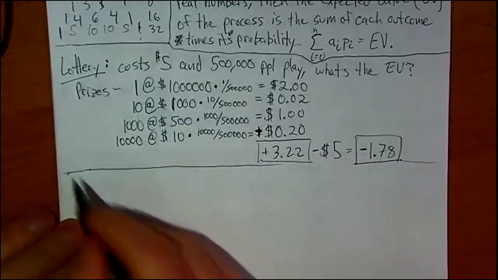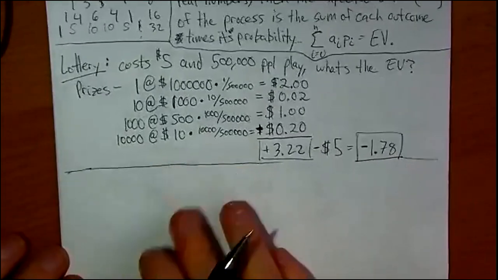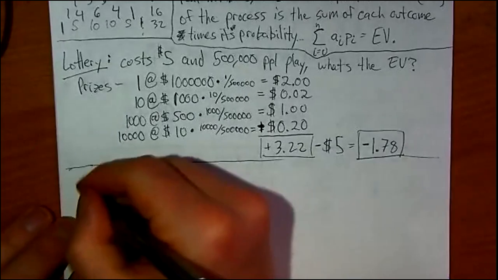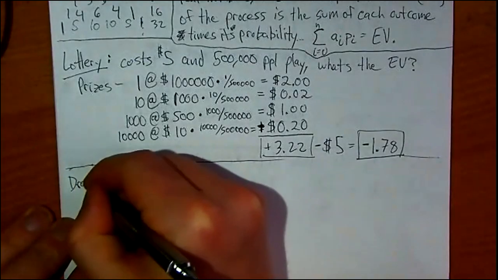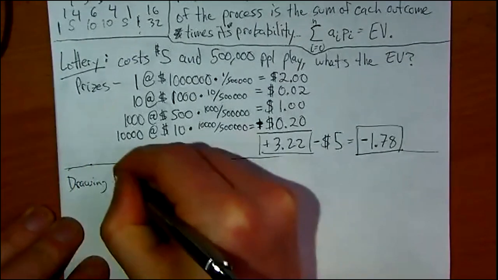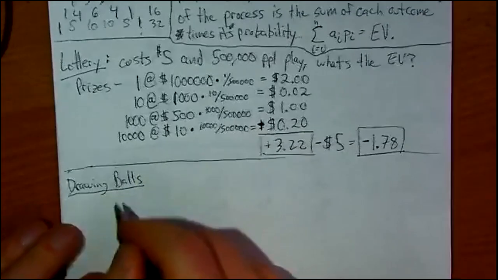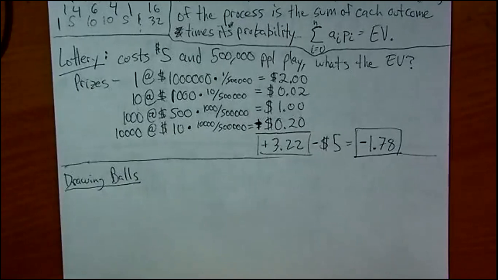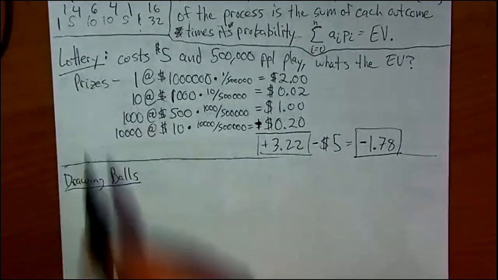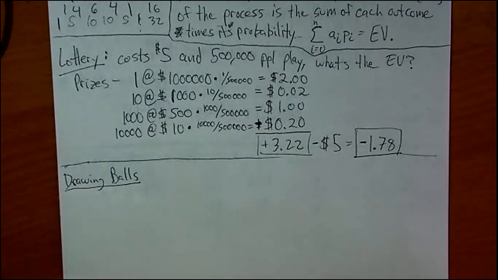Let's say you're drawing balls. Okay, so here's what's going on. Since the $1.78 funds the schools, we all win, or maybe it funds forest preservation or whatever the lottery pays for, right?